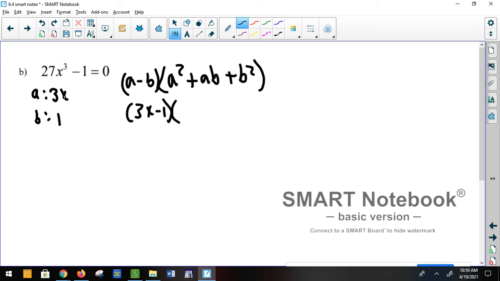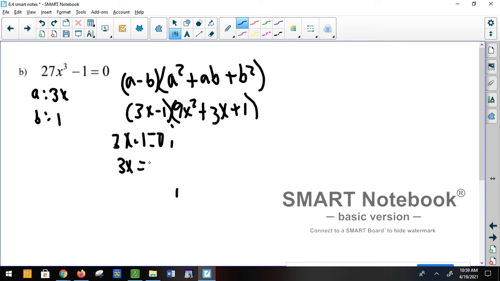A squared, 3x going in for A. Again, you've got to square the 3, so you're going to get 9x squared, plus AB, 3x times 1 is 3x, and then B squared is 1, because 1 squared is also 1. All right, 3x minus 1 equals 0. Add 1, you get 3x is equal to 1. Divide by 3, and you get x is equal to 1/3.